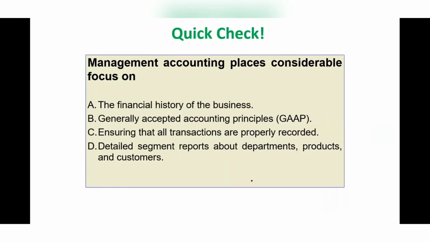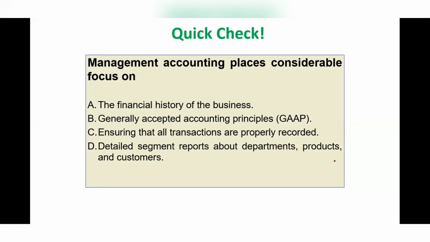Ayan. Management accounting places considerable focus on, is it A, the financial history of the business? Is it B, GAAP or generally accepted accounting principles? Or is it C, ensuring that all transactions are properly recorded? Or is it D, detailed segment reports about departments, products, and customers?